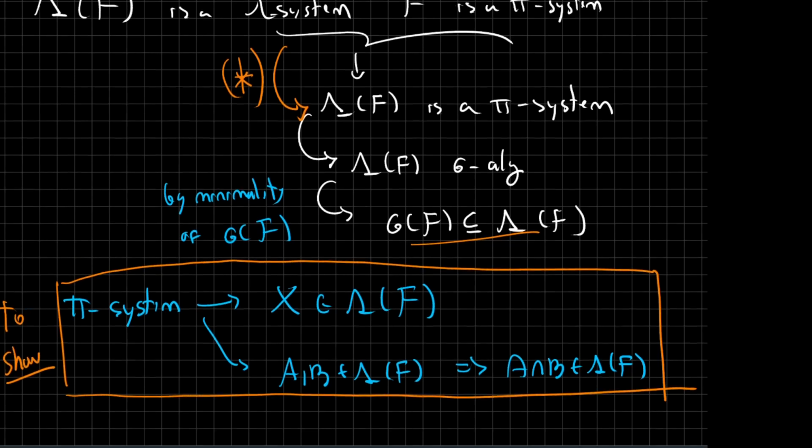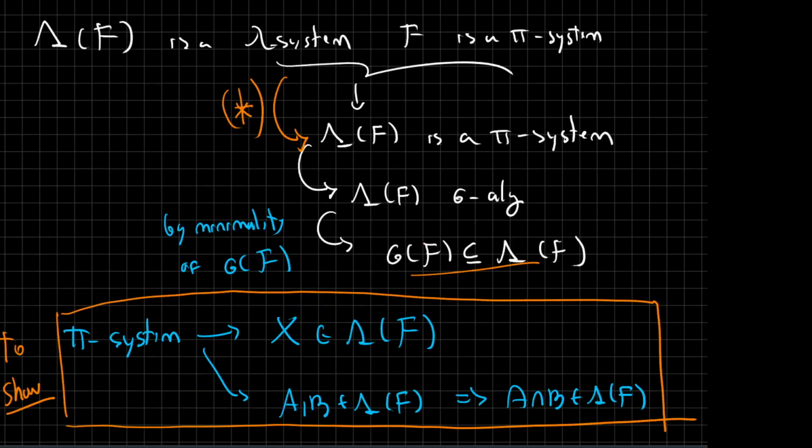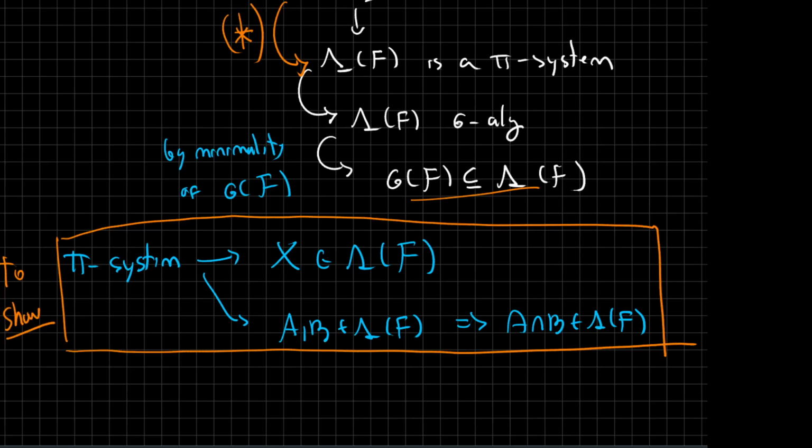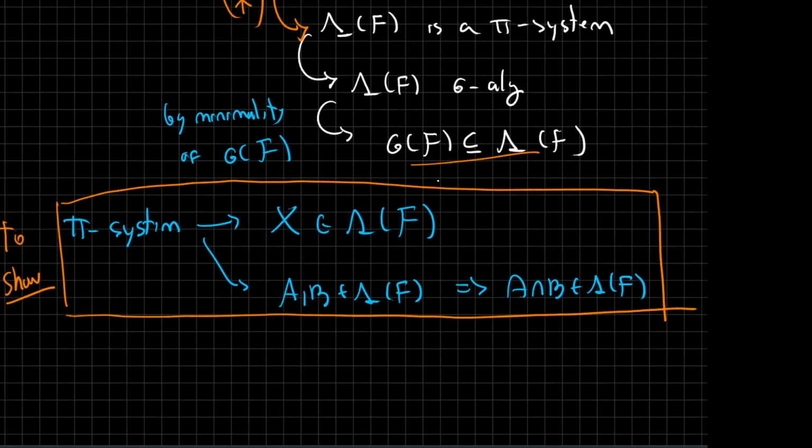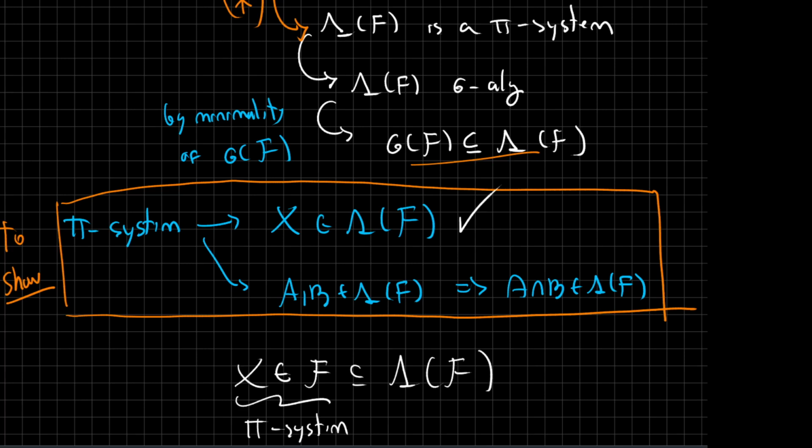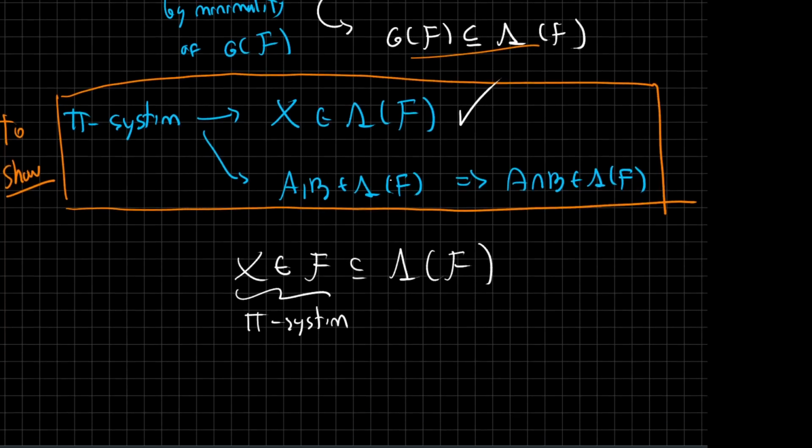So the first one, you need to recall that F was a pi system. So since F is included in its generated lambda system, and X is too, this is because F is a pi system. So this will hold. Now we only need to prove that arbitrary intersections are held inside the lambda system.